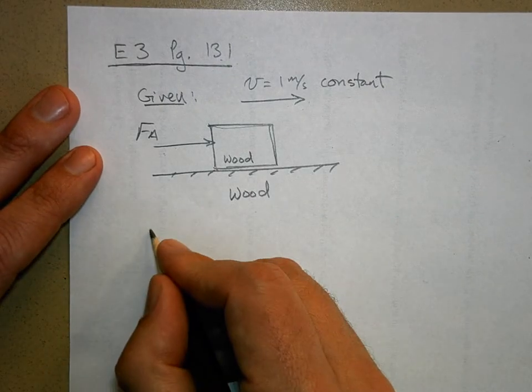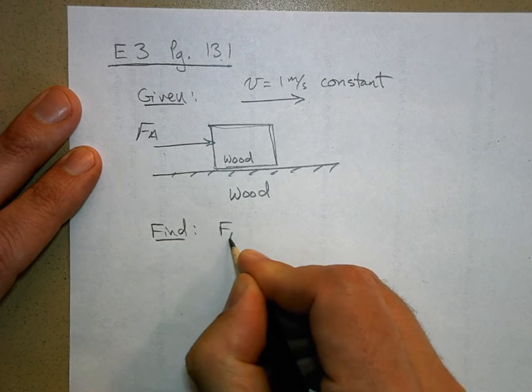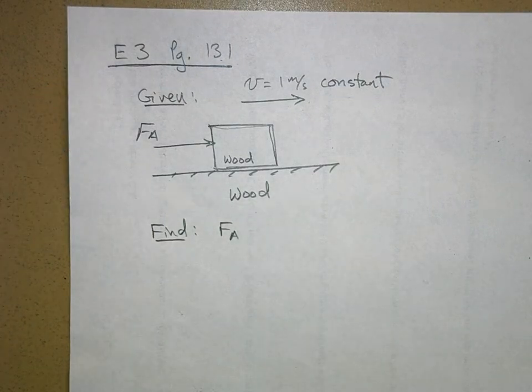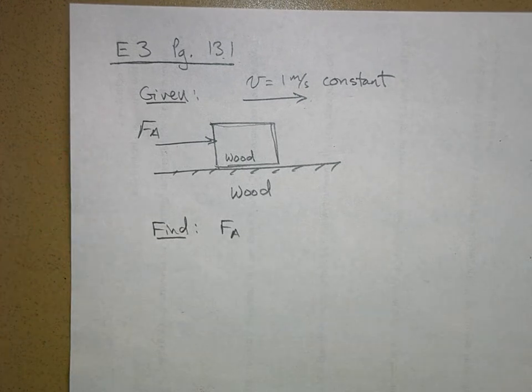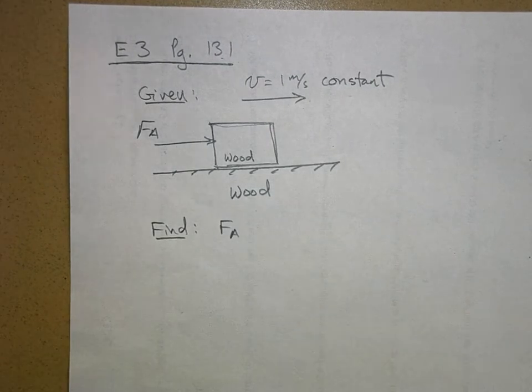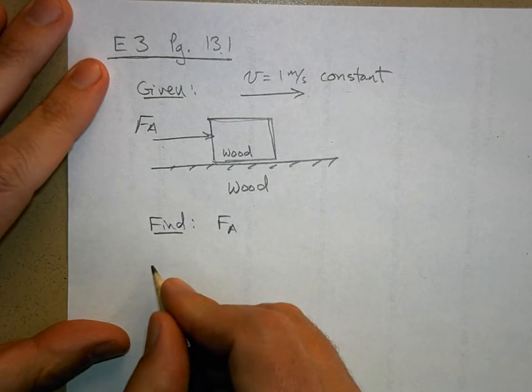And what we're trying to find is the applied force. Okay, so this is how you would start. We've just done step one of the procedure for problems involving force and motion. So now let's solve it.